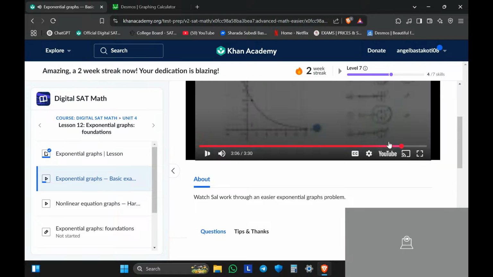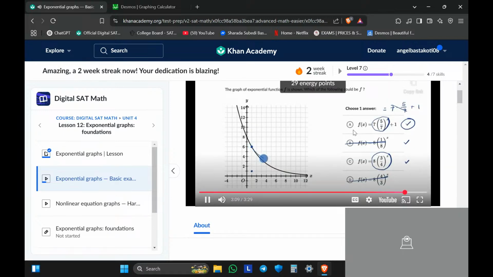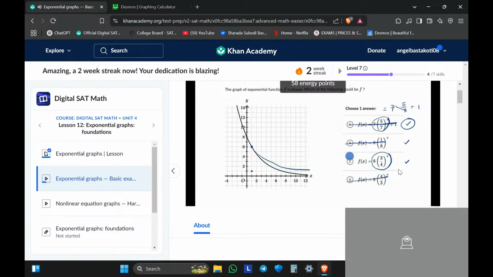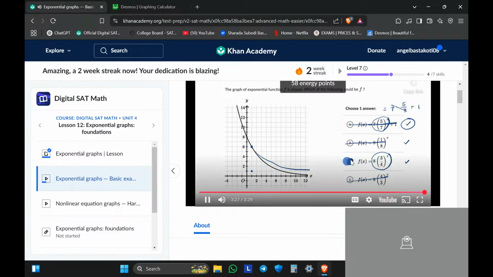So every time you multiply by another 5/7, it gets smaller and smaller. So choice A would actually look something like this. So we know it's not choice A, and choice C looks right because we see this curve right over here is approaching 0, and this would also approach 0 as x gets larger and larger. So we can feel pretty good about choice C here.